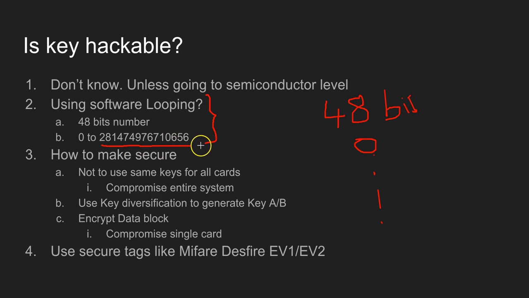And if you work out how many comparisons you can do in a day, in a year, you'll probably come to the conclusion that this will take millions of years. So there is a way to make it secure.